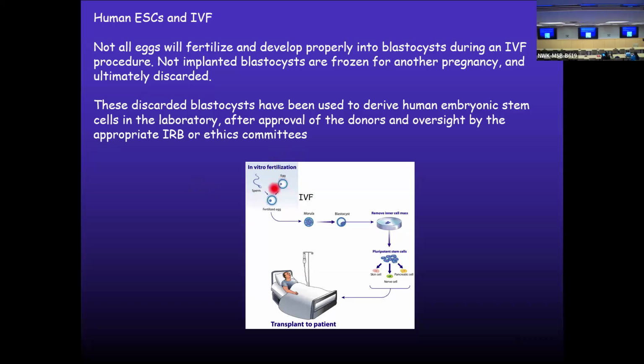Here, we have the egg in an IVF clinic. We use the sperm, there is fertilization, and then make the ESCs upon removal of the inner cell mass, and then differentiate into any type of tissue that is needed and put it into a patient.